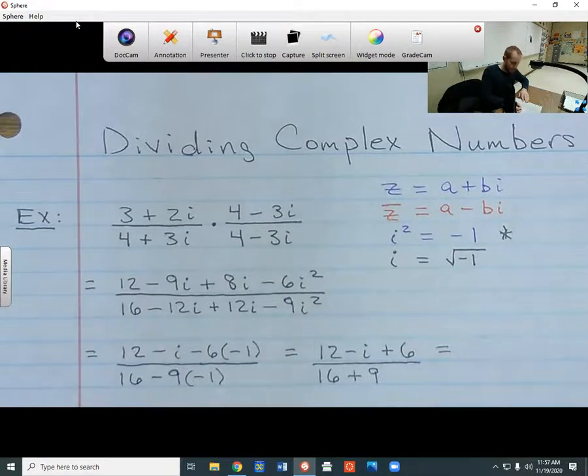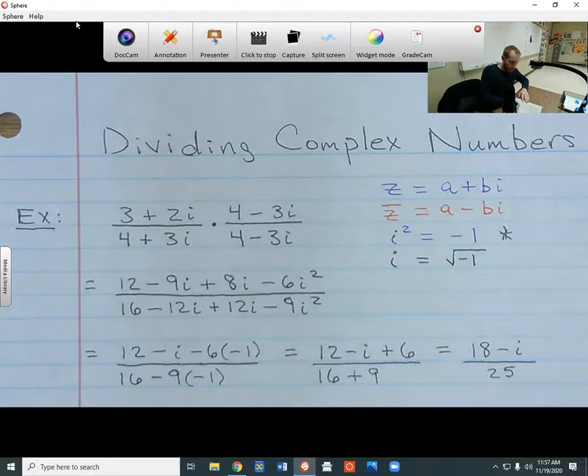At the top, I'm going to have 12 plus 6, which gives me 18, and then the negative i has to also come over. In the denominator, I have 16 plus 9, which gives me 25. So 25 is going to go in the bottom. Now I'm pretty much done. I can write my answer like this because there's no more simplifying left to do.